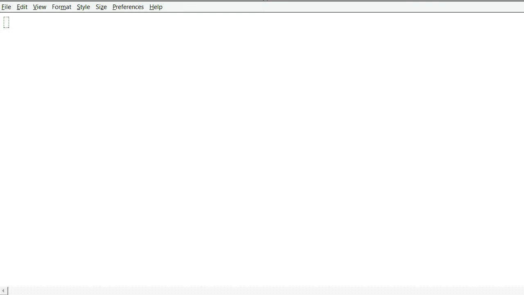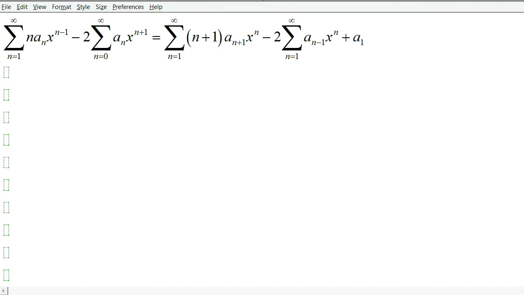For example, if I have the sum of n times a sub n, x to the n minus 1, n equal 1 to infinity, and then we have minus 2 times a n of x to the n plus 1 from n equal 0 to infinity, and I want to combine them together.